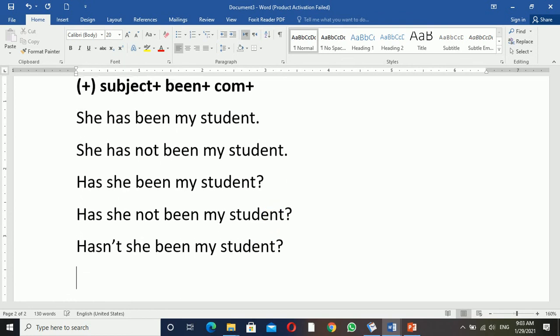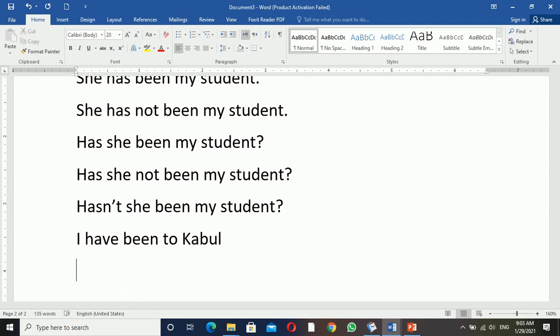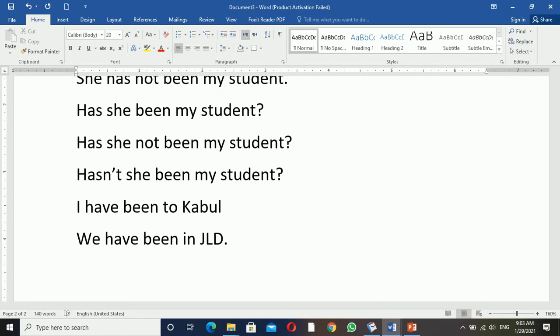Okay, you can make a lot of examples. For example, I have been to Kabul, or we have been in Jalalabad. So this just shows existence and state.